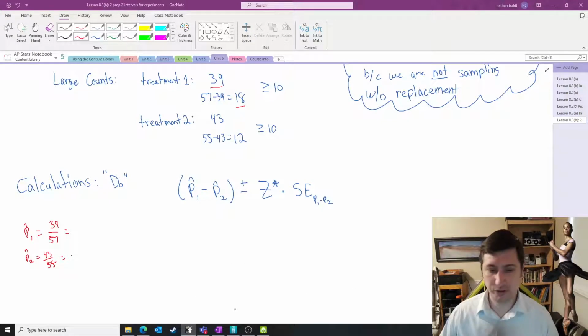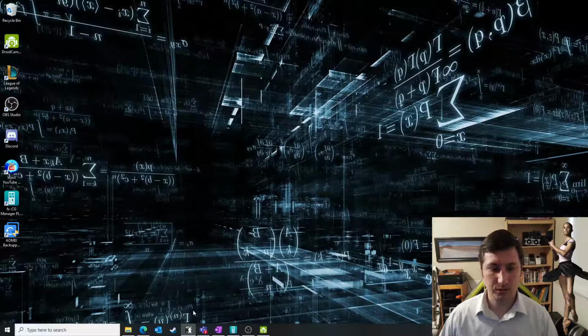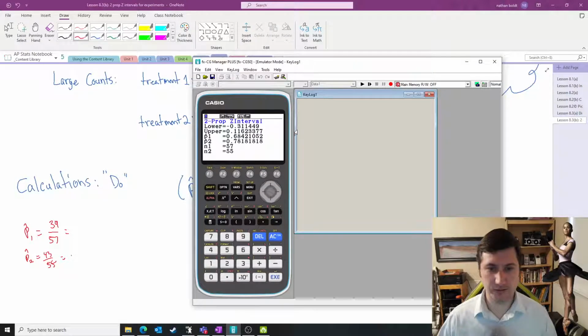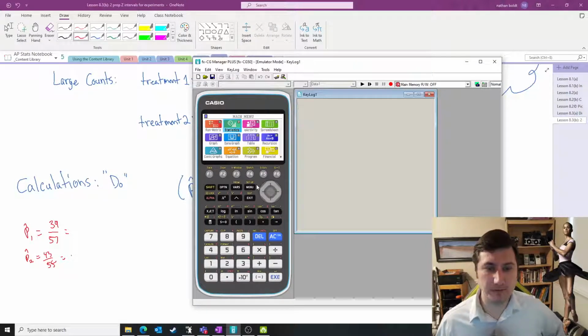I am super confused about where my calculator is. Interesting. Well, look there, I guess I'll use this one then. I'll have to figure that out soon.